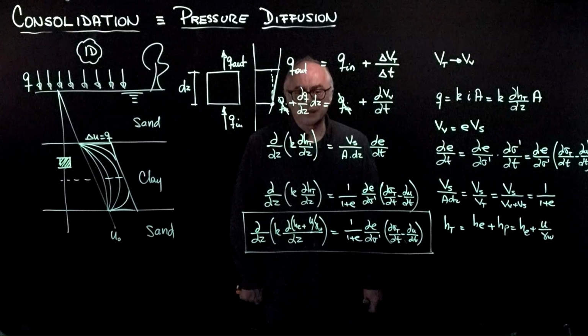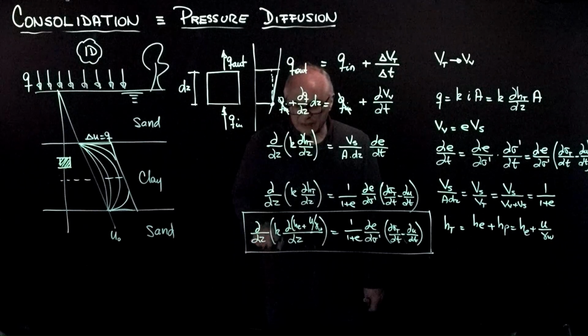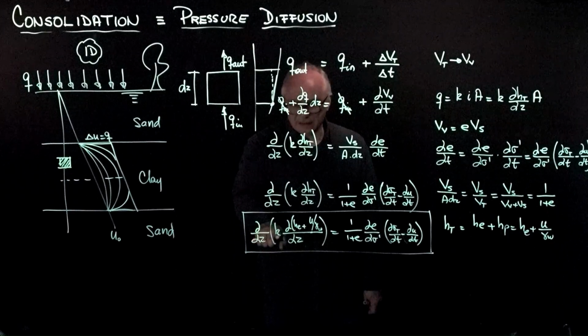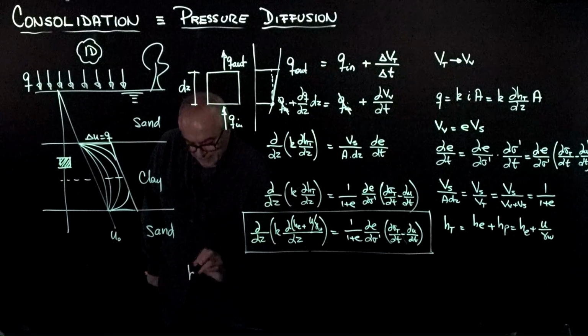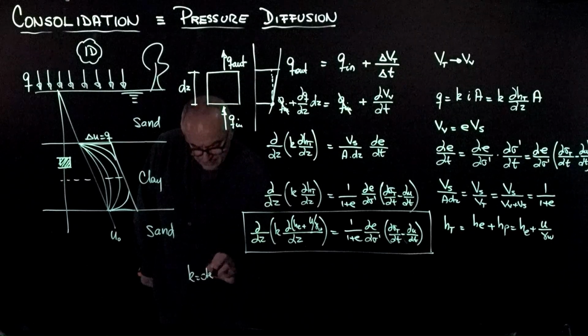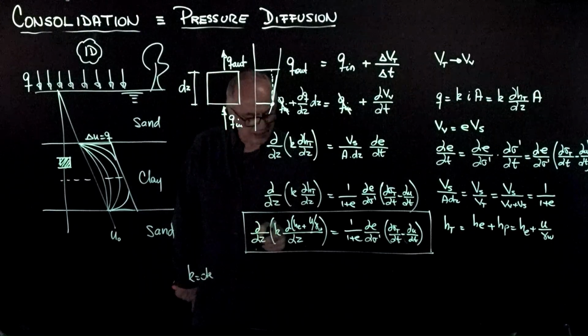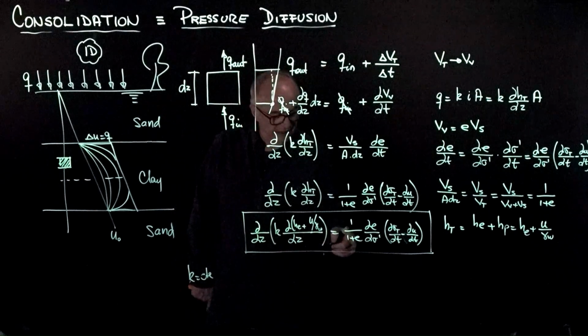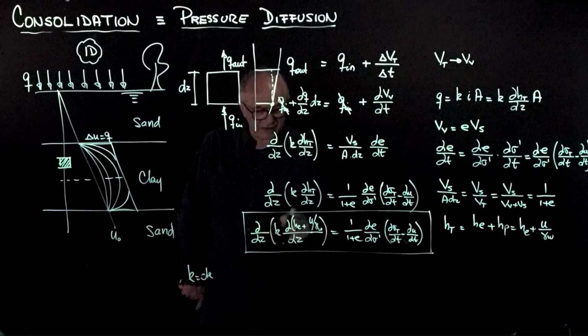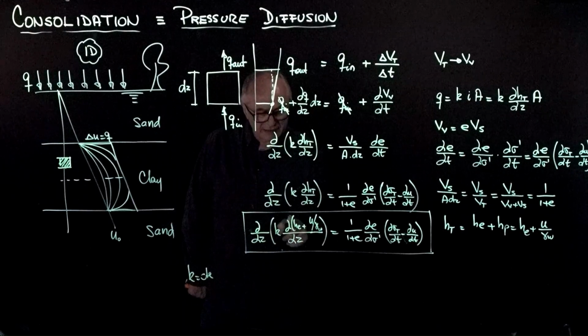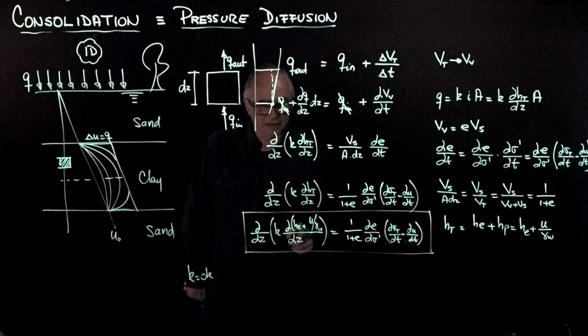Now we're going to make a couple of assumptions. The first one is we're going to assume that K is constant. So if K is constant, then it can come out of the derivative, and I can put it in the denominator here. Now I'm going to have the second derivative of this, and the second derivative of the elevation with respect to z goes to 0.